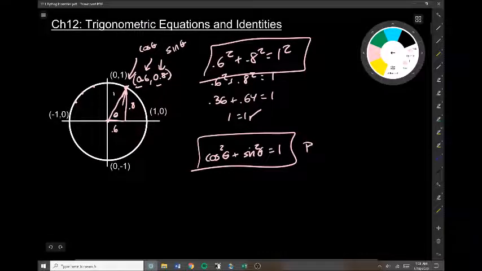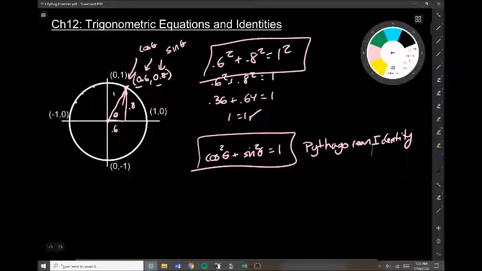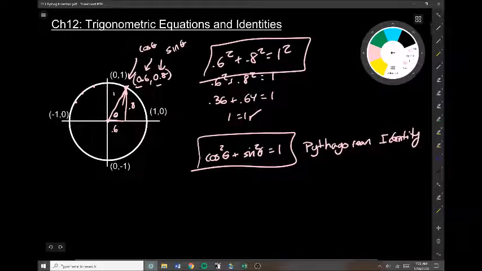This right here is called a Pythagorean identity. It's a very important one. It's called the Pythagorean identity because it clearly comes from the Pythagorean theorem. An identity, you probably remember, is something that is true. And we saw them a lot with our basic algebra.